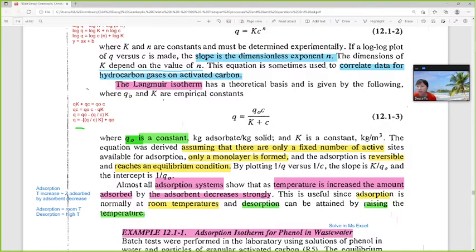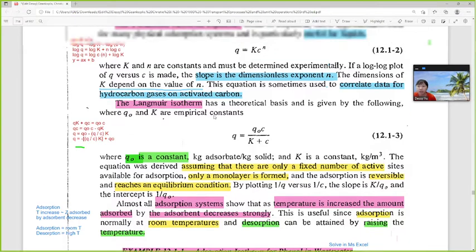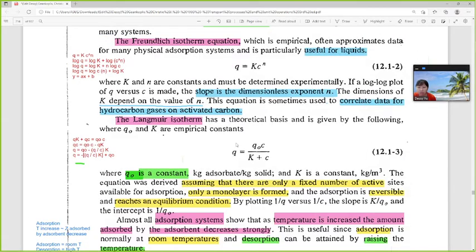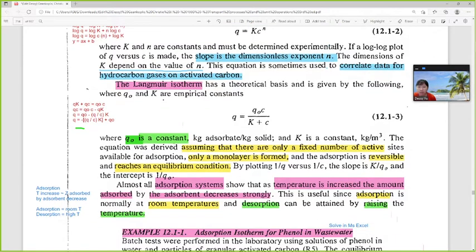We have K0. From the linear isotherm, we get just K, from the Freundlich isotherm K and n, and from the Langmuir isotherm K0 and K. K0 is a constant, and we can assume there is only a fixed number of active sites available for absorption and only a monolayer is formed.